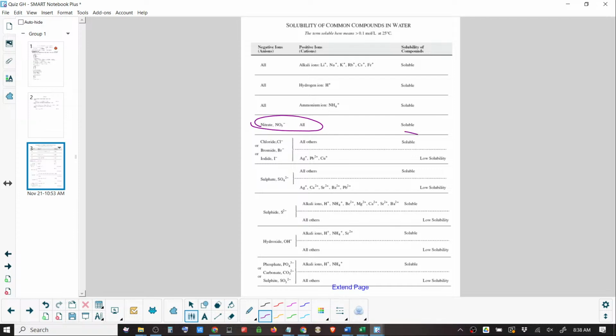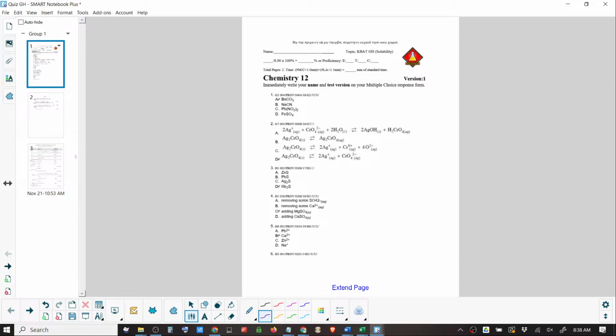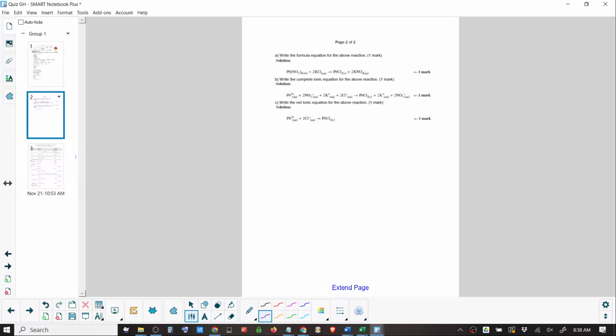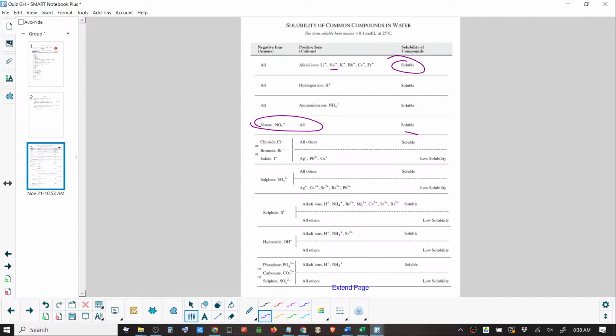Sodium is probably the most common alkali ion you'll do, and it's soluble with everything. So as you're looking through, whenever you see a sodium, you know that's going to dissolve. Whenever you see a nitrate, you know it's going to dissolve. The only tricky one was really iron 2 sulfate. Go down to sulfate, and iron 2 is not one of these, so it would also be soluble.